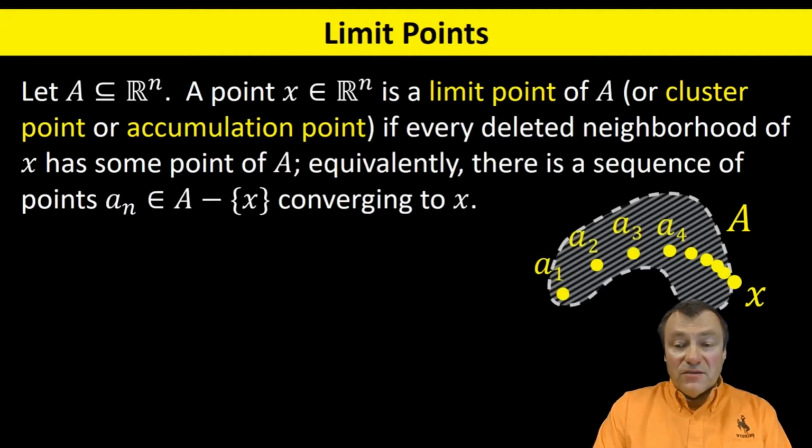Another way to say the same thing is that there is a sequence of points in A other than x itself, converging to x. A limit point is also known as a cluster point or an accumulation point. The idea is that inside the set A, you can find points which cluster around x, which is to say they accumulate around x. It's very easy for a set A to have lots of limit points.